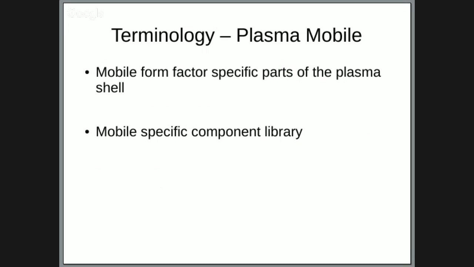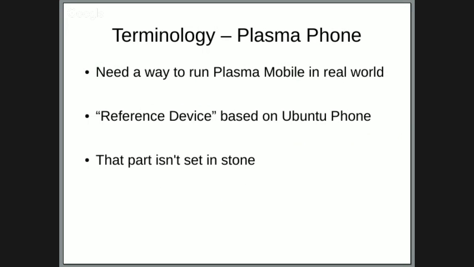So some terminology first. Plasma Mobile is the applications we've been making. It's the tweaks that turn Plasma into working on a mobile. It's a set of libraries for making things on a mobile, and that's purely KDE code. We're making our own applications on top. But we also have the Plasma phone.